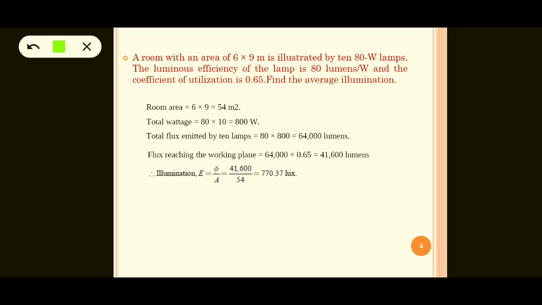So we know the standard equation: illumination is equal to flux per area. This standard equation is important for ESET exams also. So 41,600 by 54, finally the value becomes 770.37 lux.